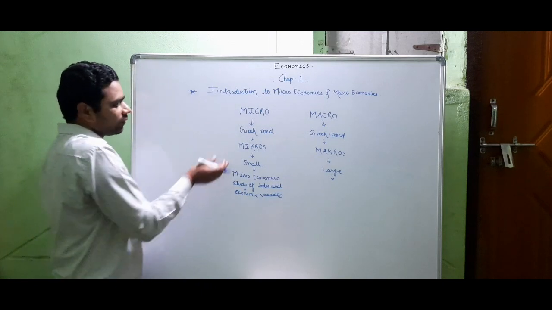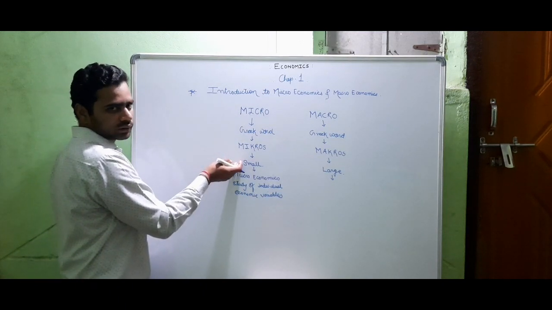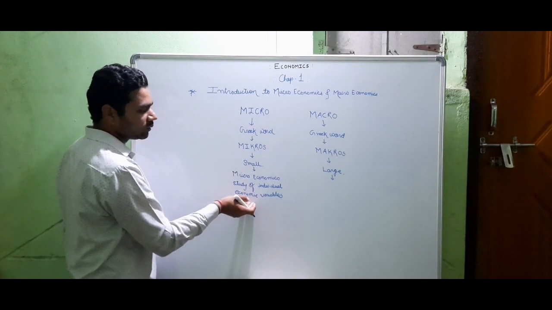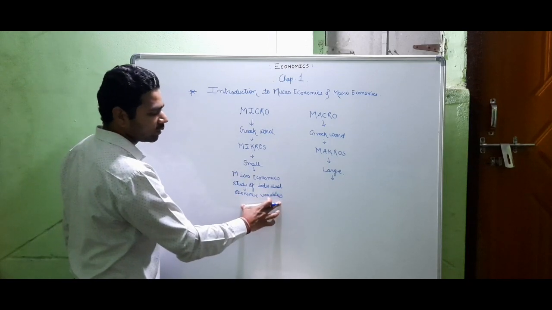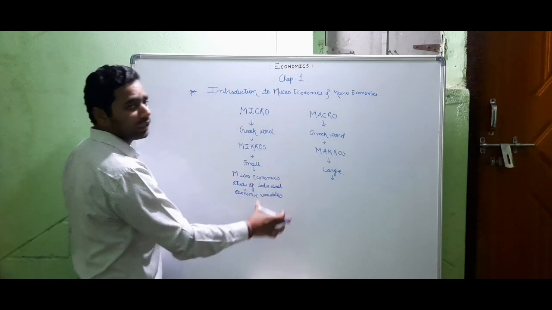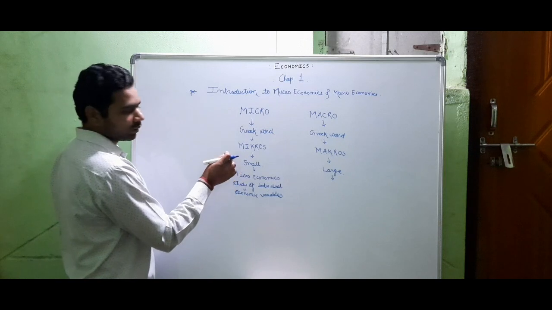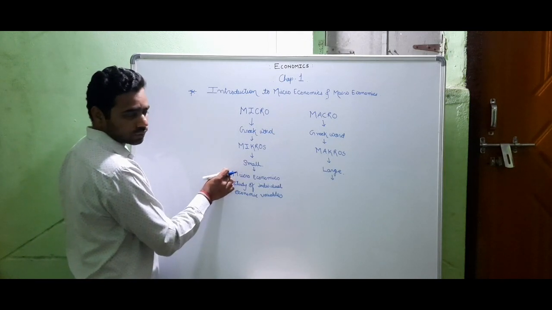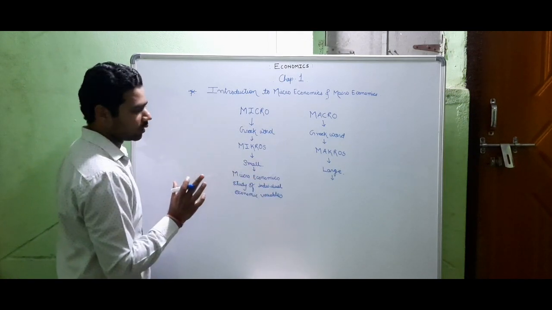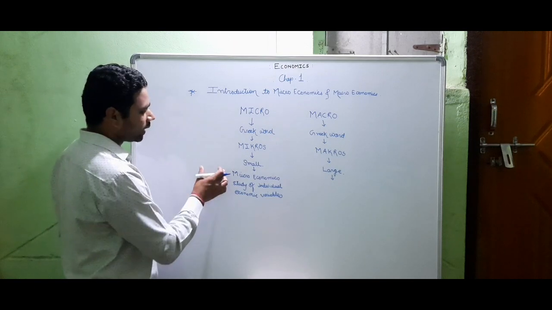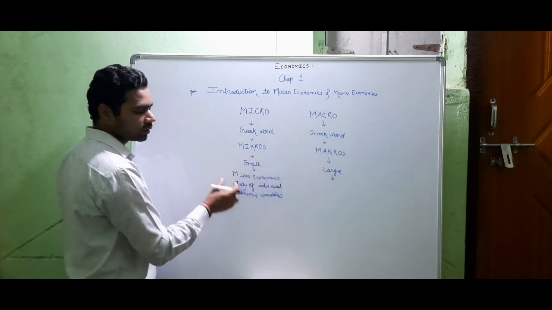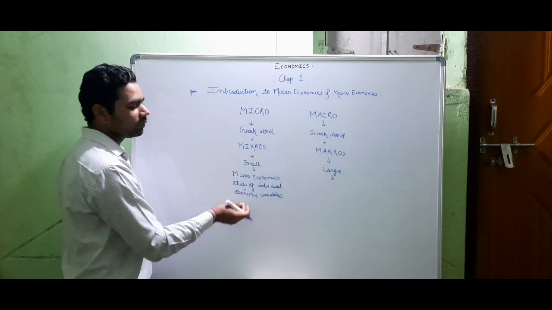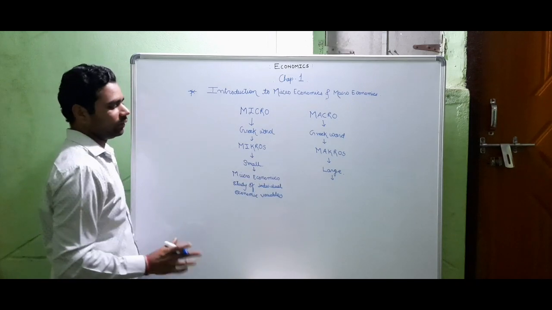Okay, so we have considered the meaning of it, and from that we have derived the actual meaning of the first branch of economics, that is microeconomics. So microeconomics is the study of individual economic variables.